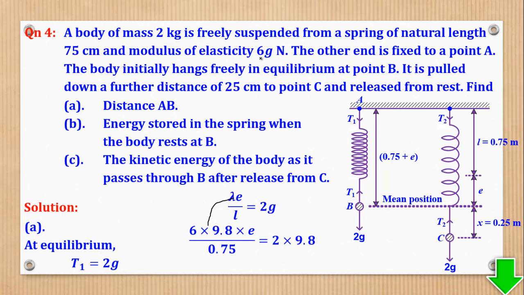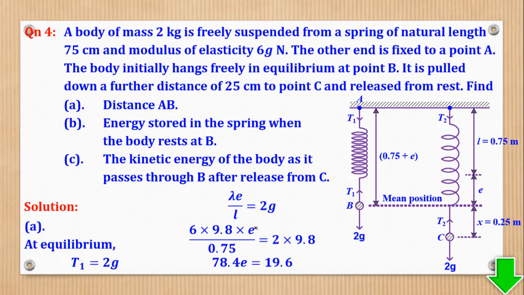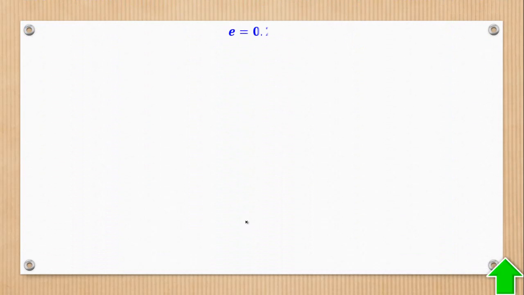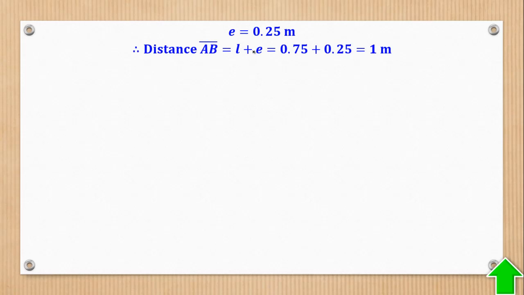They told us that the modulus of elasticity is 6g, over L, times 2g. Meaning I can get the extension. After getting the extension, I can get the distance, which is L plus e, and it is 1.